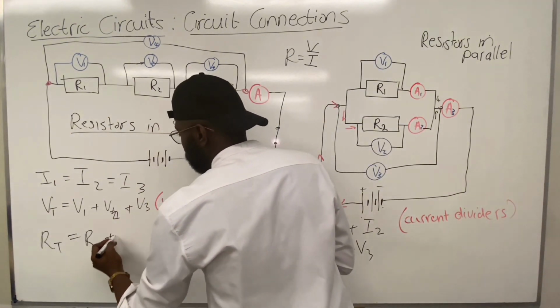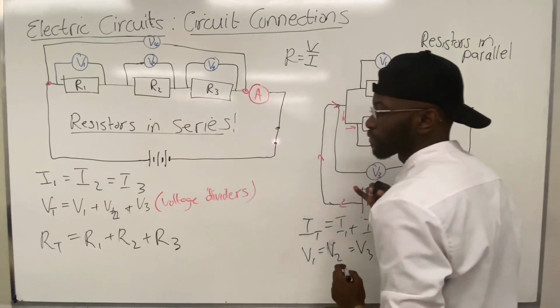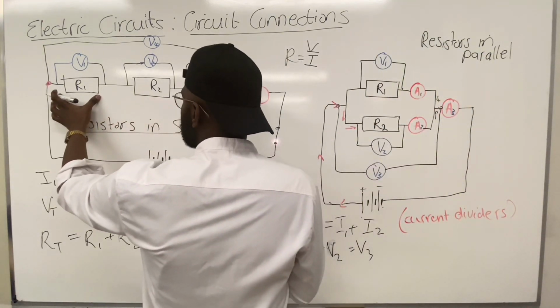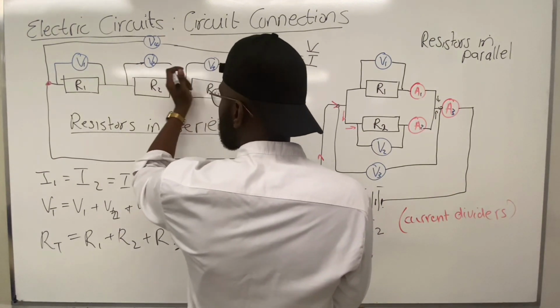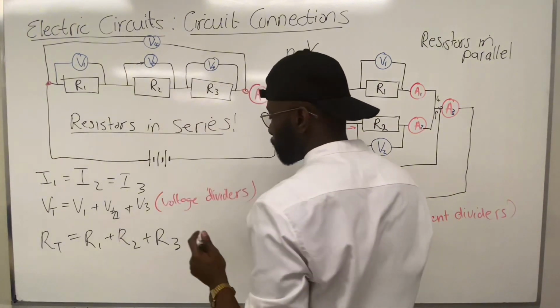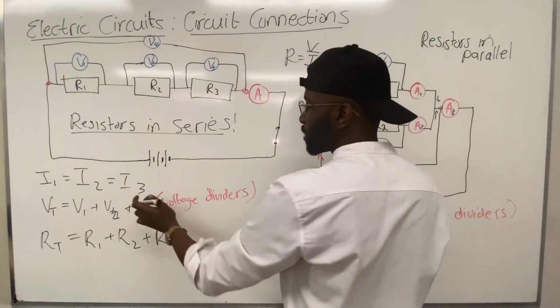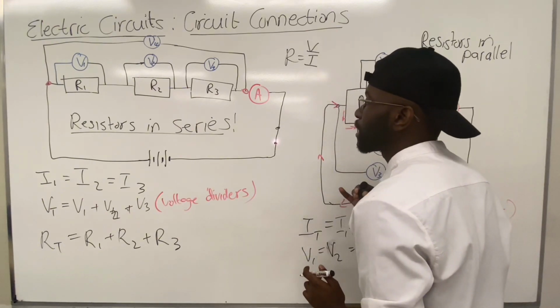So R1 plus R2 plus R3. Because they're in series, the total resistance will be the sum of these three resistors. And remember that resistance is measured in ohms, while voltage is measured in volts and current is measured in amperes.